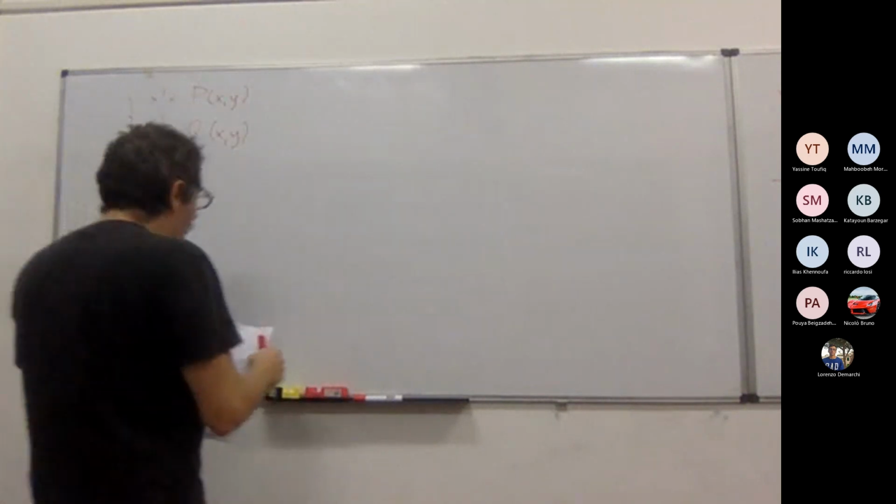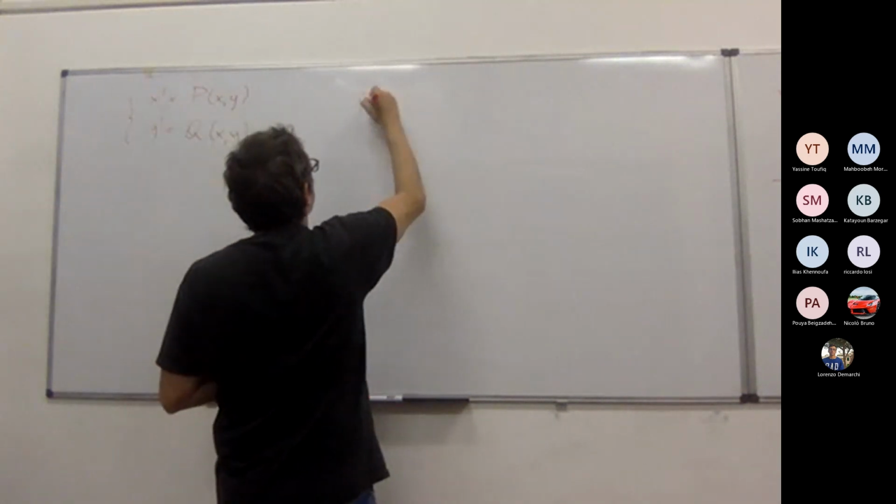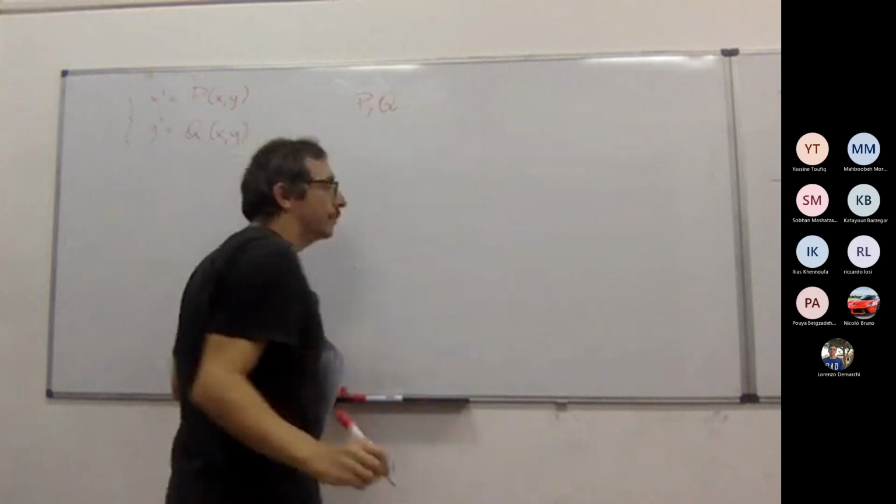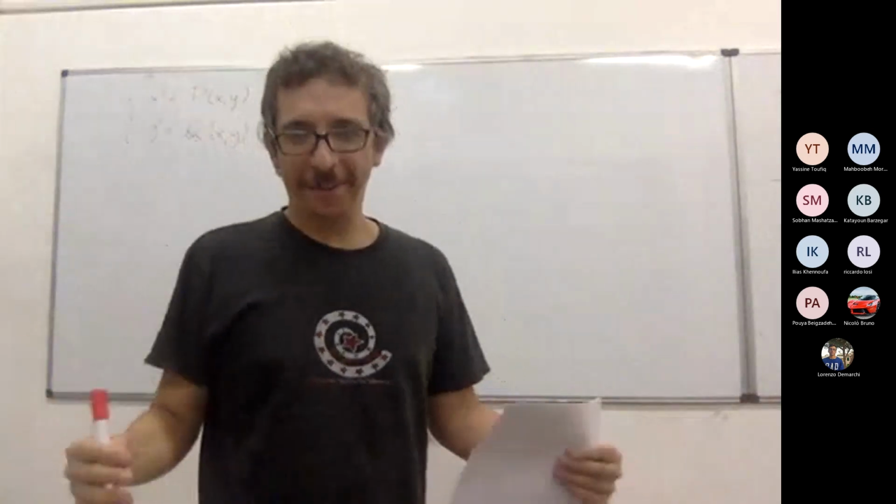So P and Q are supposed to be well-behaving functions. What does it mean?